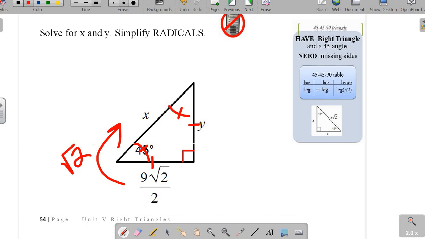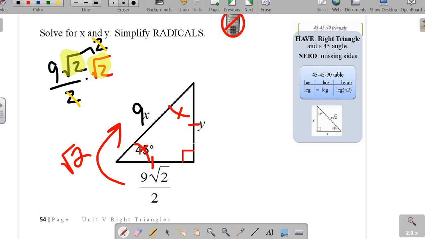See if you can't beat me. 10, 9, it would look like this. This is going to be 9√2 over 2 times another √2 to get us x. √2 times √2 is 2. And then the 2's cancel, so you are left with, ta-da, 9.